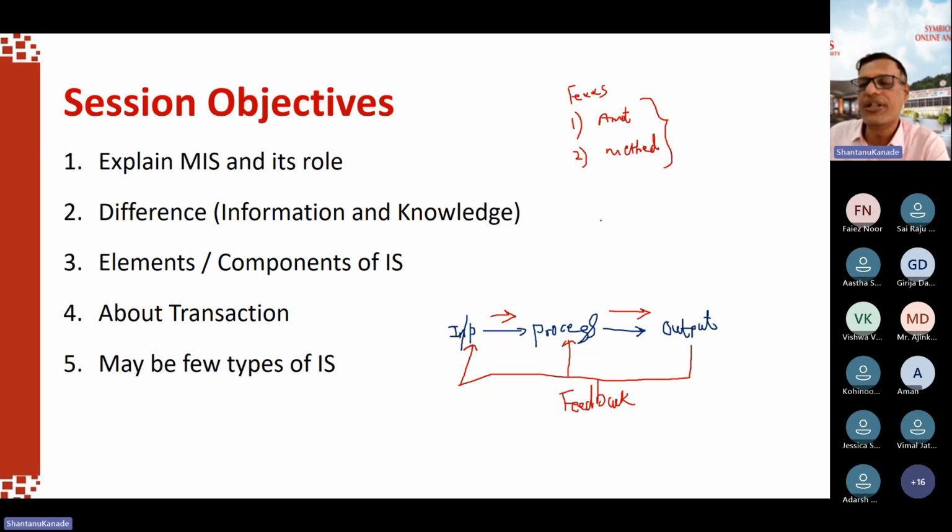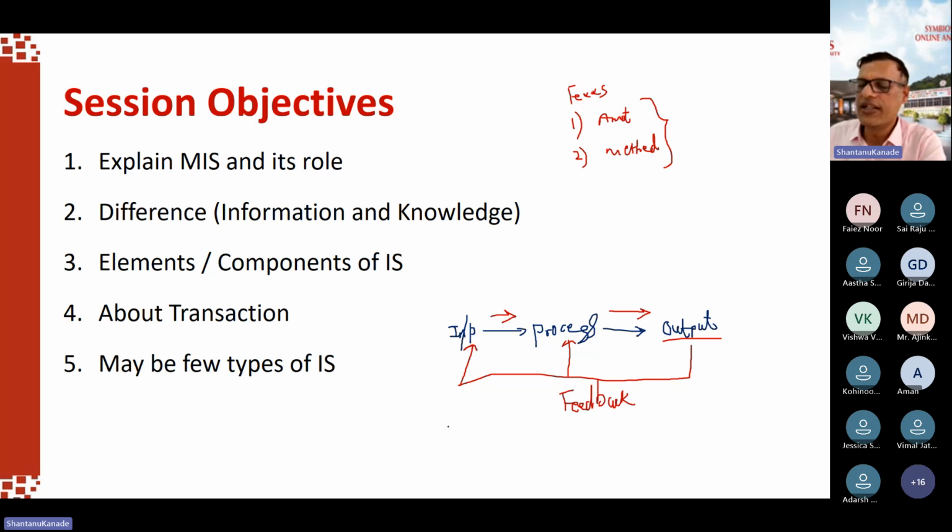Okay, suppose it is an online system, what will happen? In an online system, I have selected payment by credit card. Again, this credit card payment system is working in the background and it gives you an output if the amount was deducted from your credit card and credited to the receiver's account. Once it is done, then you will get a feedback.